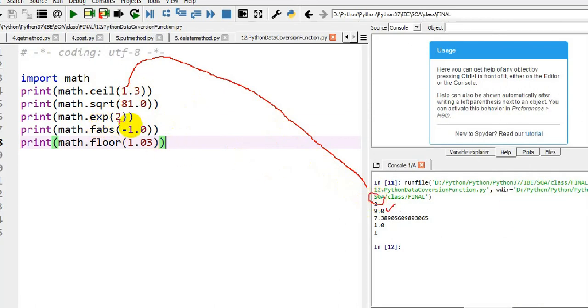The exponential, with 2 raised as the power of e, that is e squared, gives the value 7.3. And math.fabs of minus 1.0 gives 1.0, the negative sign got removed. Math.floor of 1.03 is 1.